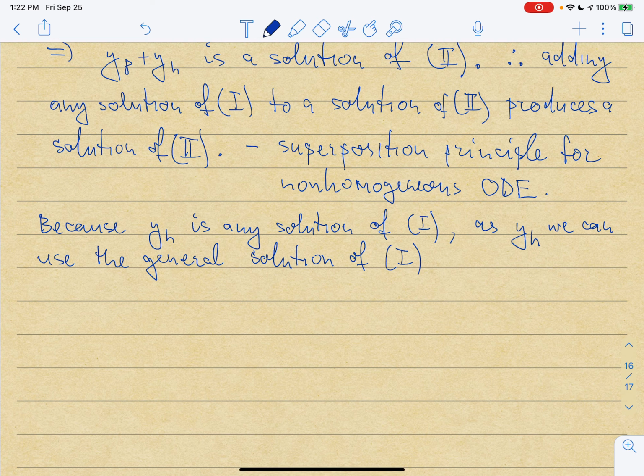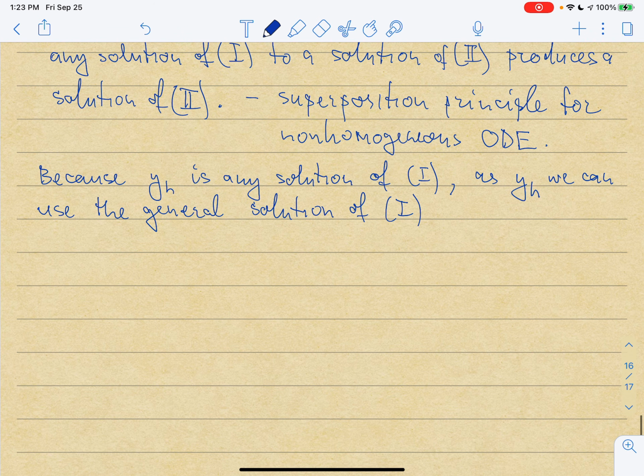If I'm dealing with second order equations, that means the general solution of the second order linear homogeneous equation is going to be the one that contains 2 unknown constants. So as yh, I can use a general solution of 1 in the form y equal to C1 y1 plus C2 y2.